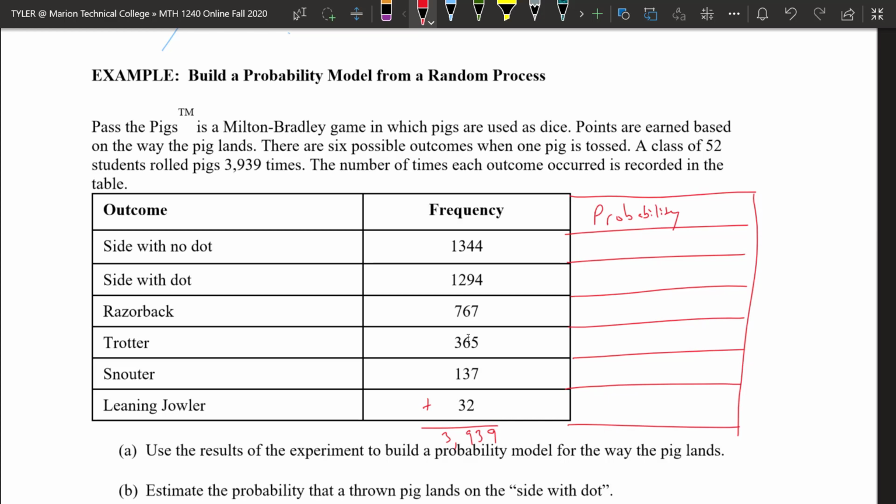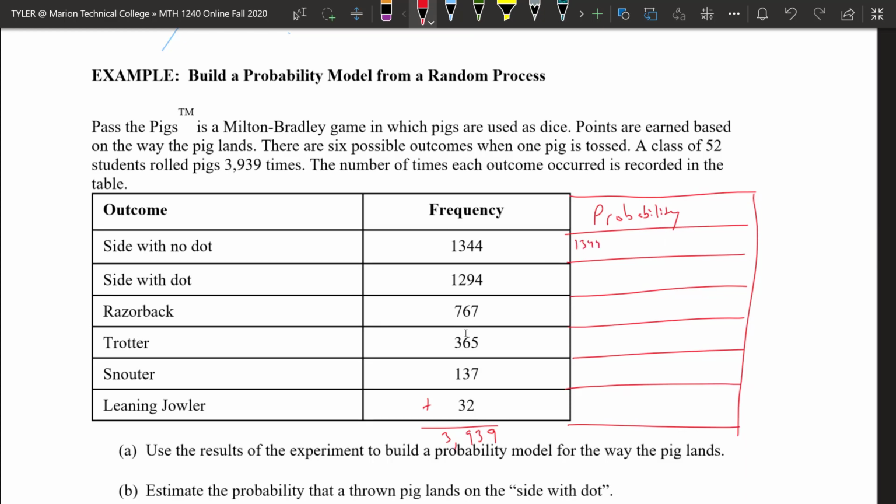To figure out the probability for the outcome side with no dot, you would take the frequency 1,344 and divide it by the total number, which was 3,939.